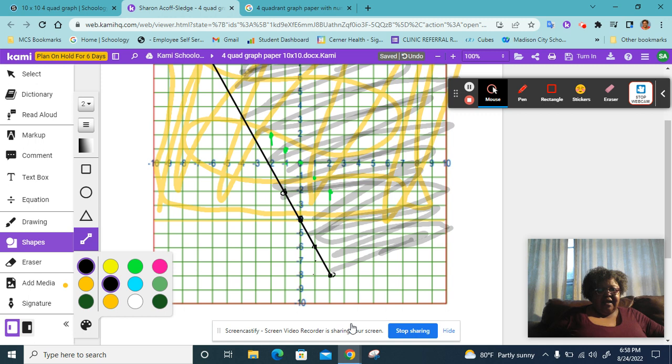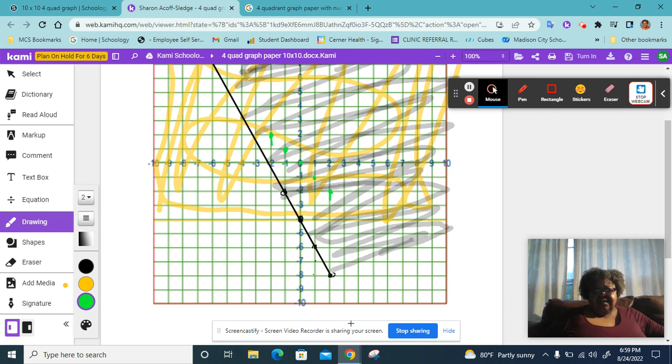So I'm going to use my line tool in green this time. Let me continue this out. If x is 3, y is -3. If x is 4, y is -4. I'm doing that for a reason because when we worked this before, I knew that my solution was down here.